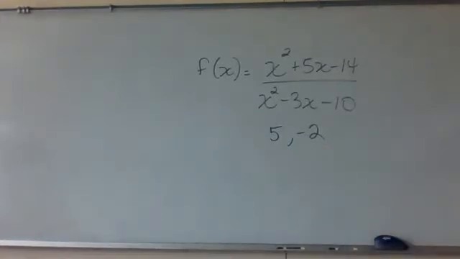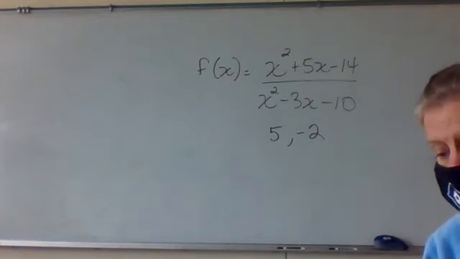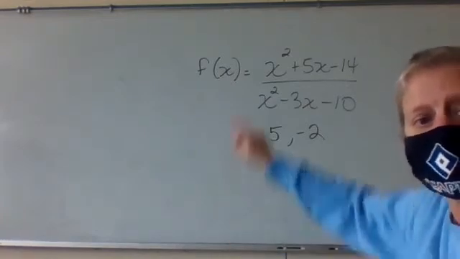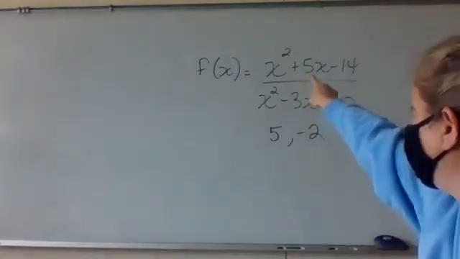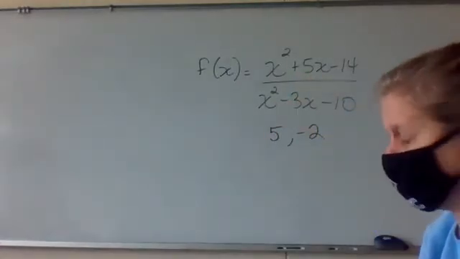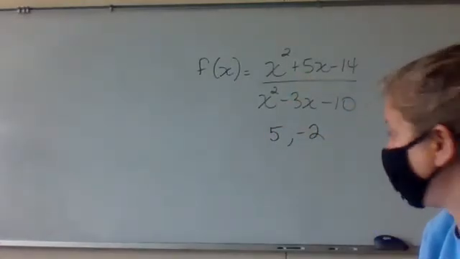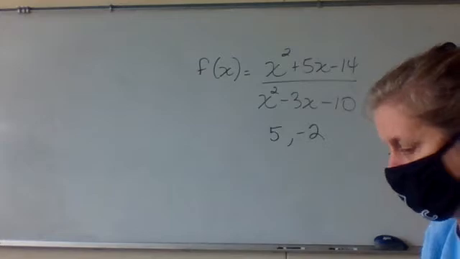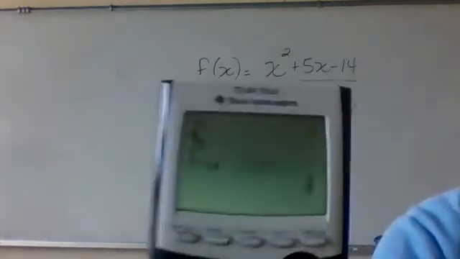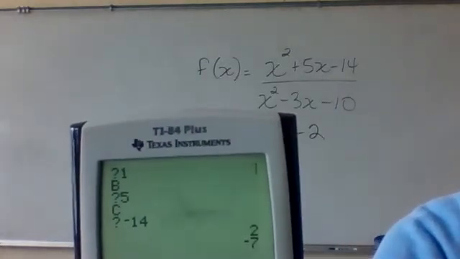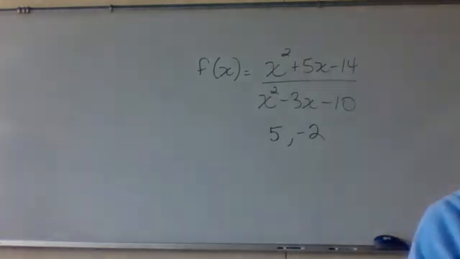It won't be a vertical asymptote if it's the same zero as the top. So again, I just need to go back to my quad program, and this time using the numerator. So this time A is 1, B is 5, and C is -14. So this time, with that A, B, and C, my zeros are 2 and -7.